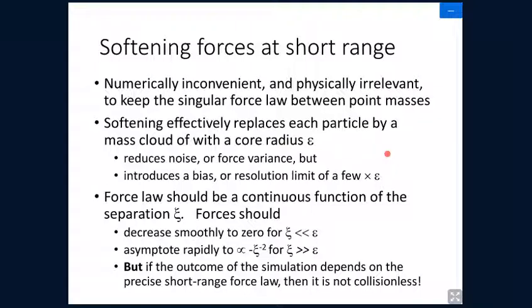So what you do is you soften the gravitational force, which means that each particle is smeared out into a density distribution which is centered on the particle, but has a core radius of a quantity called epsilon, which is the softening length. And of course, that immediately reduces the fluctuations in density on small scales, because they're all just eradicated by the smoothing.